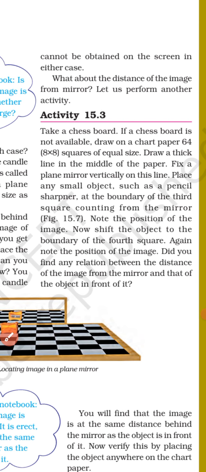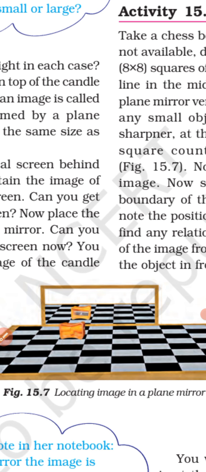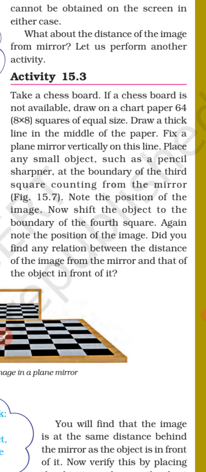Place any small object, such as a pencil sharpener, at the boundary of the third square, as you can see over here. First one is a black square, second one is the white square, and third one is again a black square. So you have to place the sharpener or any other object at the boundary of the third square, counting from the mirror.